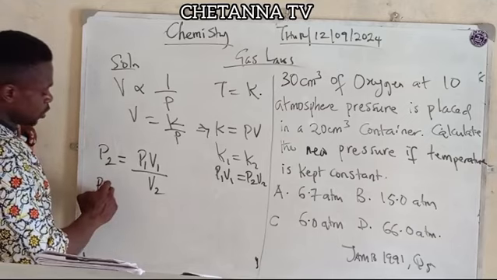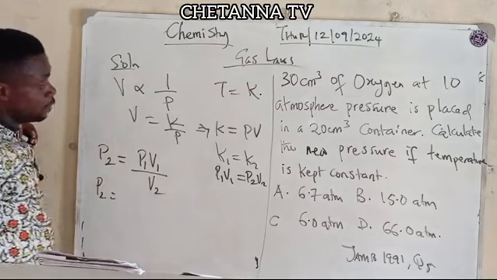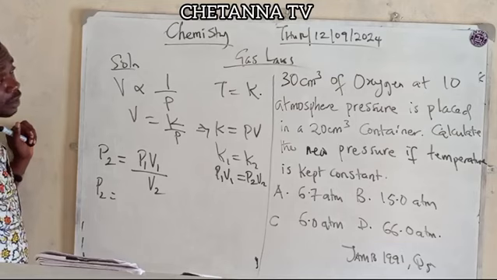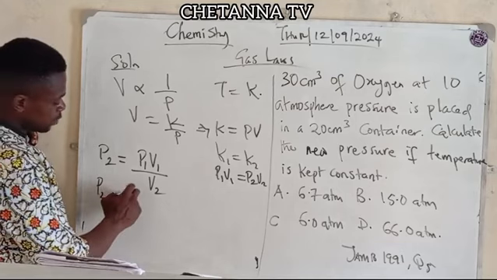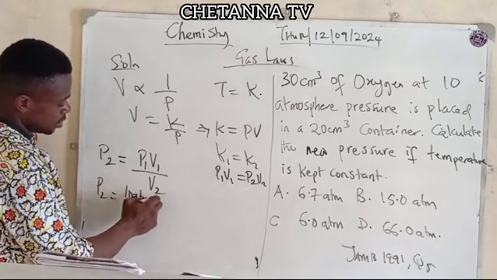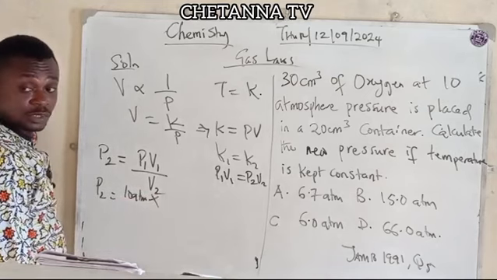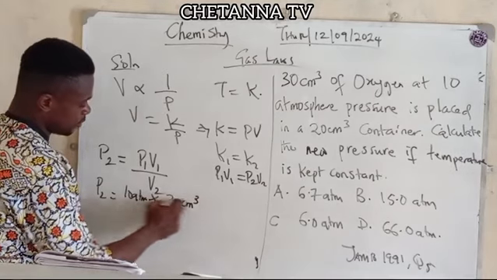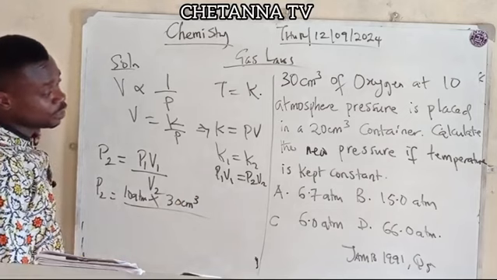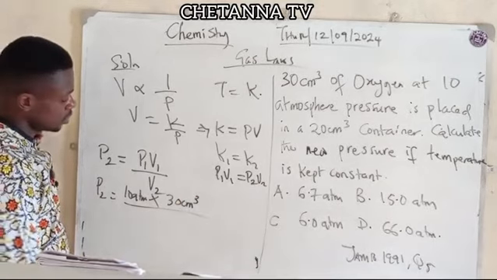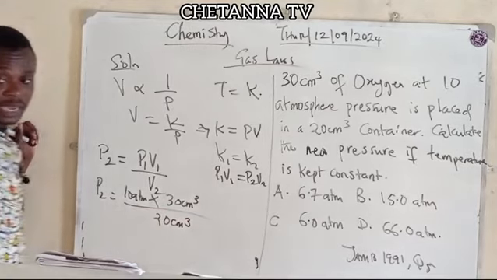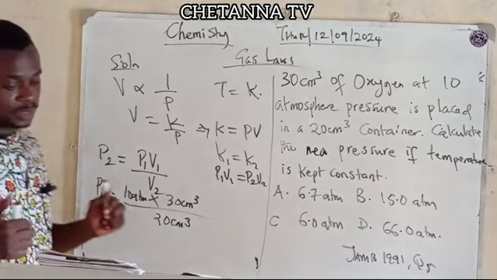So P2 is now equal to what? We know from the question, P1 is 10 atmosphere, good, times V1, which is 30 centimeter cube, over V2, which is 20 centimeter cube. Can you see the board?